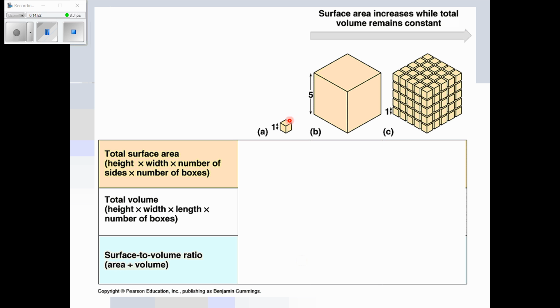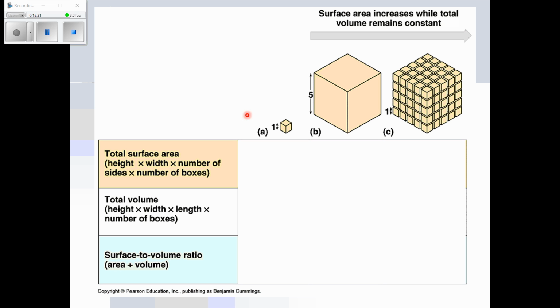Okay, so first of all, keep in mind, if this was a real cell, the surface area would be the total amount of area of the plasma membrane on the outside surface of this cell. So when we talk about surface area, we're really talking about plasma membrane, which is important because remember, that's how cells obtain what they need.